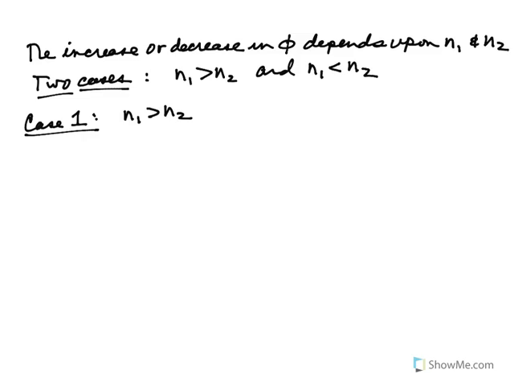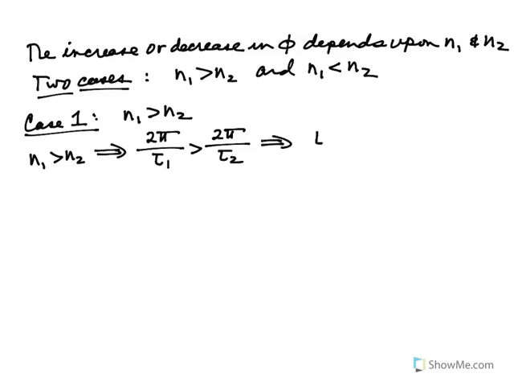So in this case, if n1 is greater than n2, that implies that 2 pi over tau 1 is greater than 2 pi over tau 2, which implies that tau 1 is less than tau 2. So if tau 1 is less than tau 2, it means the orbital period of planet 1 is smaller than the orbital period of planet 2.